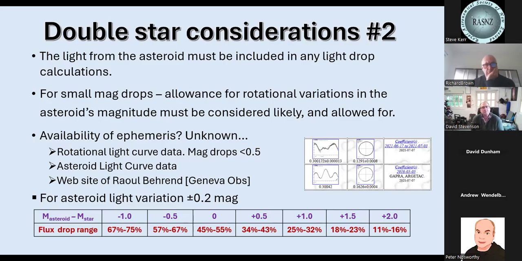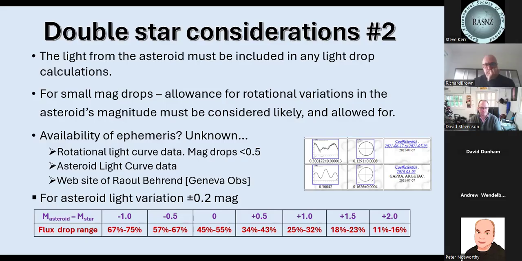So if you've got a small magnitude drop event, the rotational light curve of the asteroid creates problems in concluding that the light drop is as much as you believe it is, because you don't really know what the magnitude of the asteroid is, and your ability to assess the appropriateness of the magnitude drop is reduced.